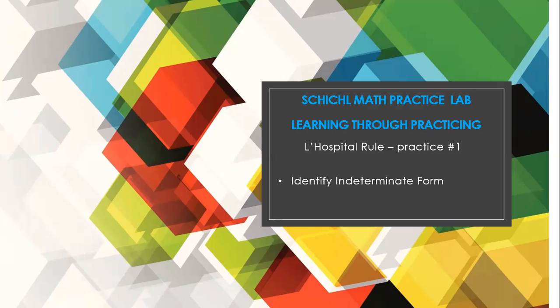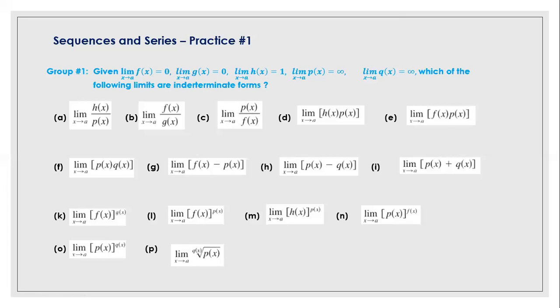So you will know exactly which type of form is the indeterminate form, and then we'll be able to apply L'Hopital's rule to help us. Okay, so here is the practice. We have a lot of problems, but they are pretty easy, and we should be able to cover them in one section.